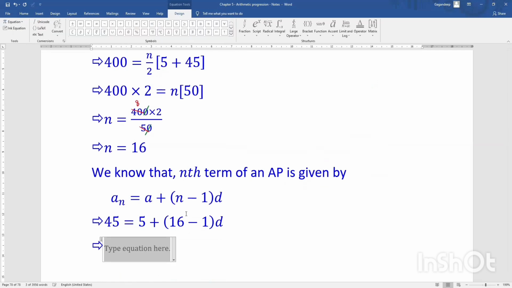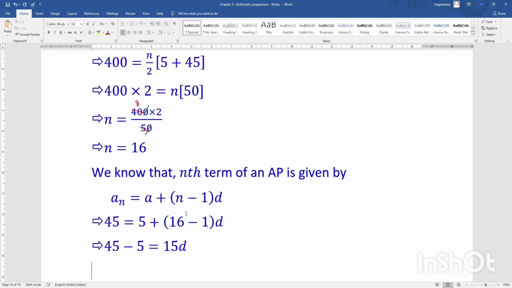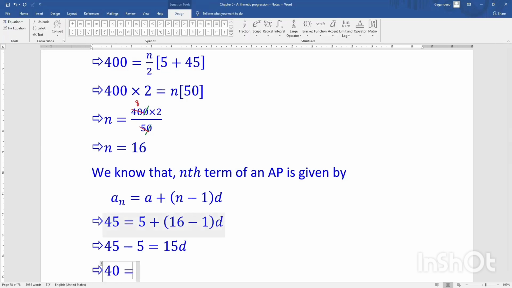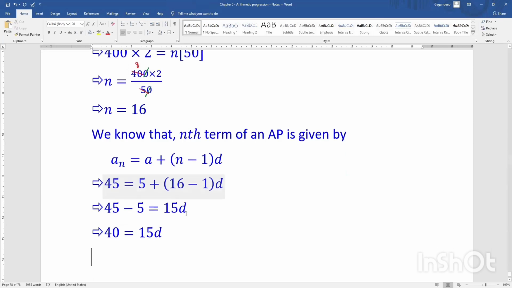So we get 45 minus 5 equals, here it is, 15d, or we get it as 40 equals to 15d, or we can write it as d equals, so you can do the cancellation.